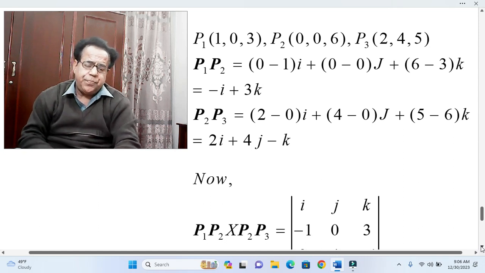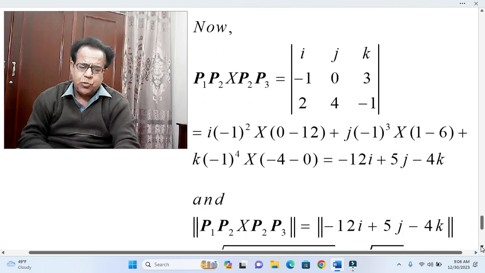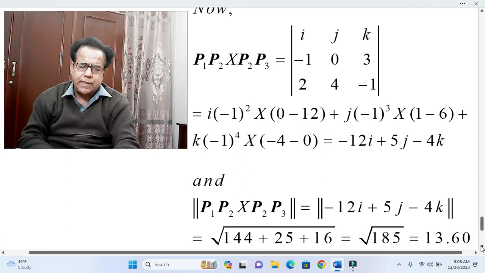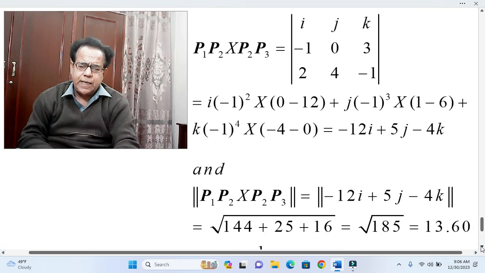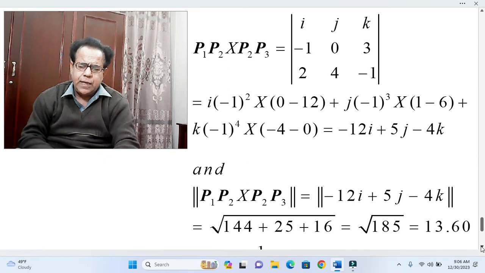Now we get the cross product of these two vectors, and we know how to find the cross product. It is given in this manner: i, j, k, then the P1P2 vector, then the P2P3 vector, and then simplification. After simplification we finally reach the conclusion that the cross product of these two vectors becomes equal to minus 12i plus 5j minus 4k.